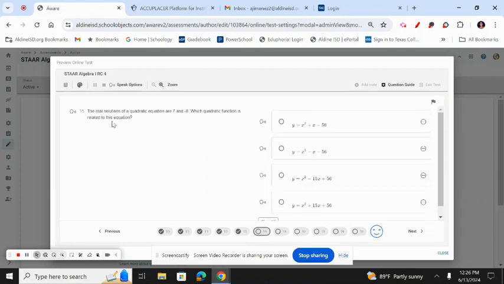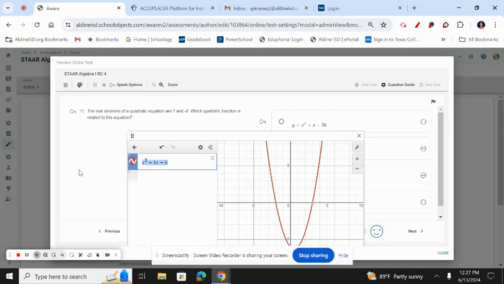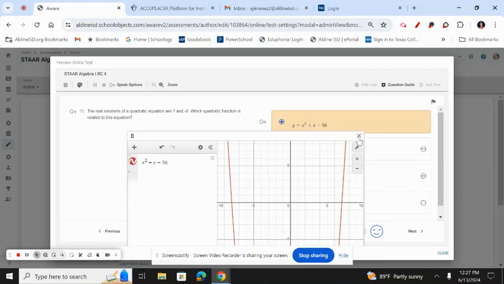Alright, here it gives solutions at 7 and -8. That means that those are the x-intercepts. So we're going to type it in and see which one has x-intercepts at +7 and -8. X squared plus x minus 56. This one is at -8 and +7, and that's the one that we want.